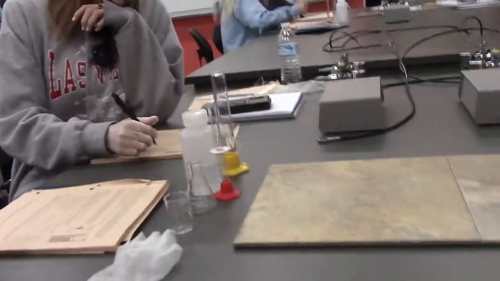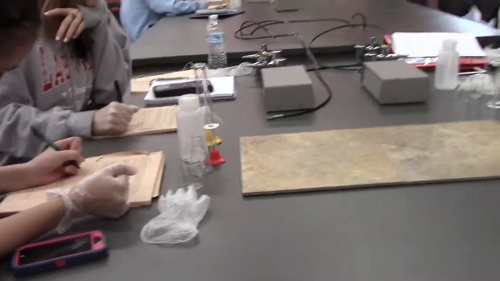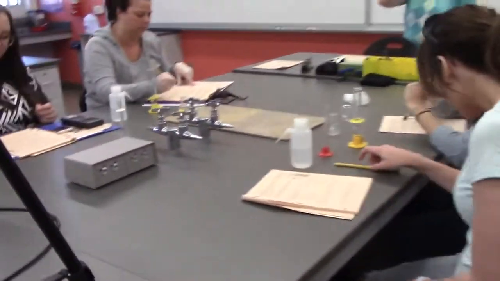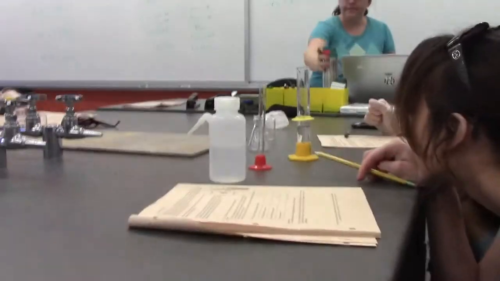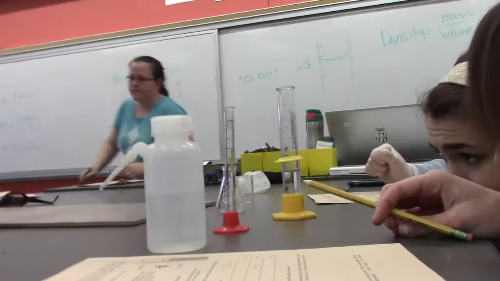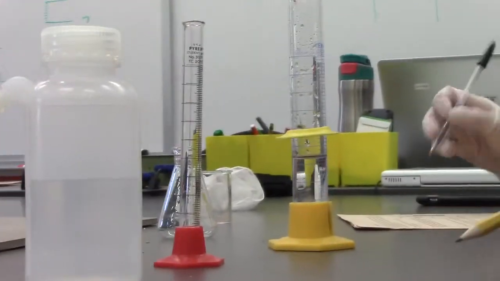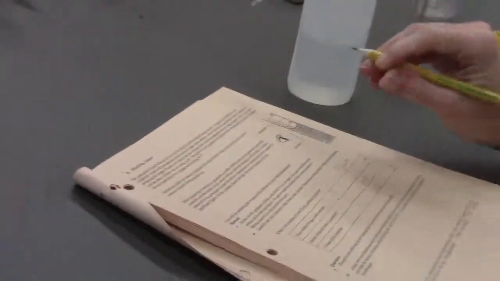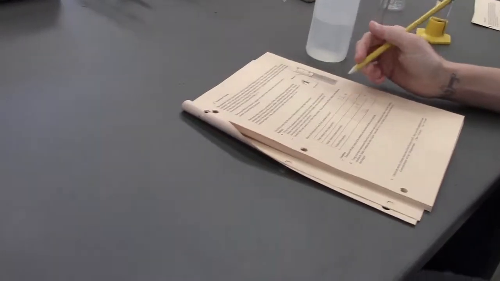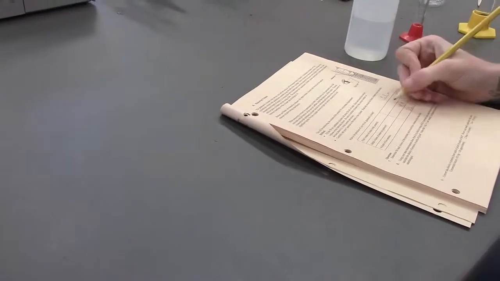Yep. 22, yeah. Right. So your volume is your final minus initial. That's the volume of your pennies. So determine the total volume of pennies and record the volume. So the volume would be 2, and then your collective mass is here when you do your density.